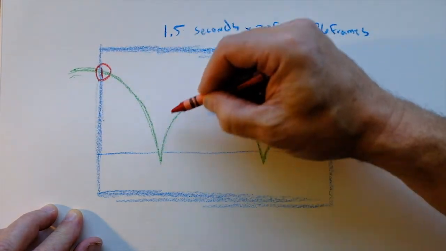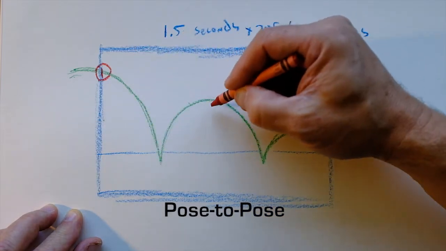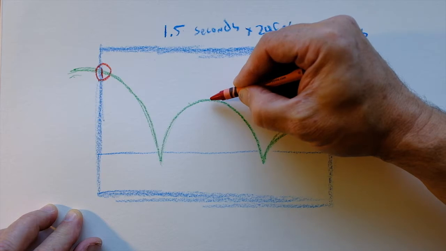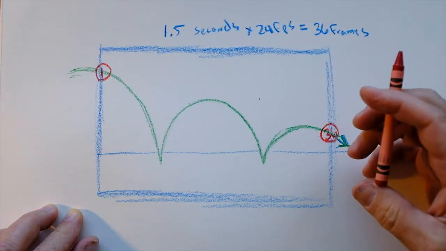And then what we have to do is determine where the number 18 is, like the halfway point, which probably wouldn't be right in the halfway because things would diminish a little bit, or would it? And then we have to make those decisions.